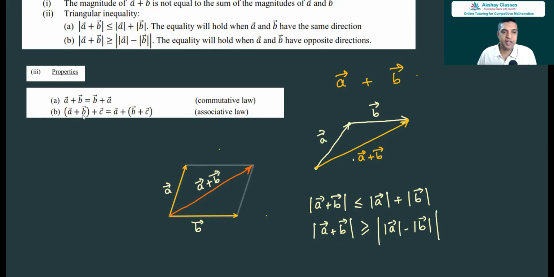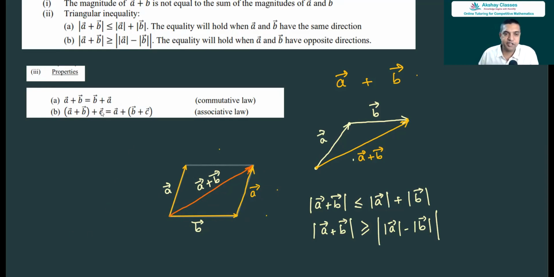And properties of addition: vector addition is commutative. A plus B is the same as B plus A. So A plus B gives the same third side and B plus A gives the same third side.